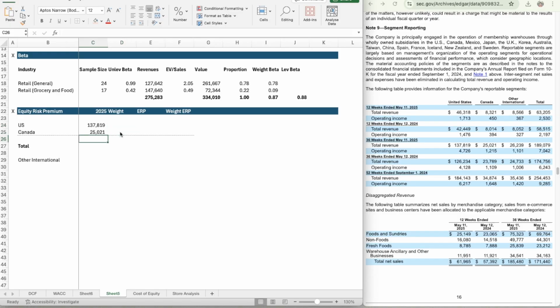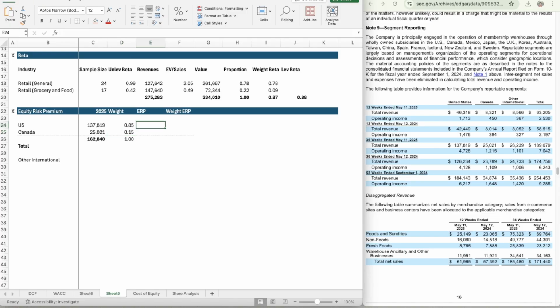And the weight, so we take the sum. But remember to lock that in, so then we always make sure that this equals 1. Then the equity risk premium.